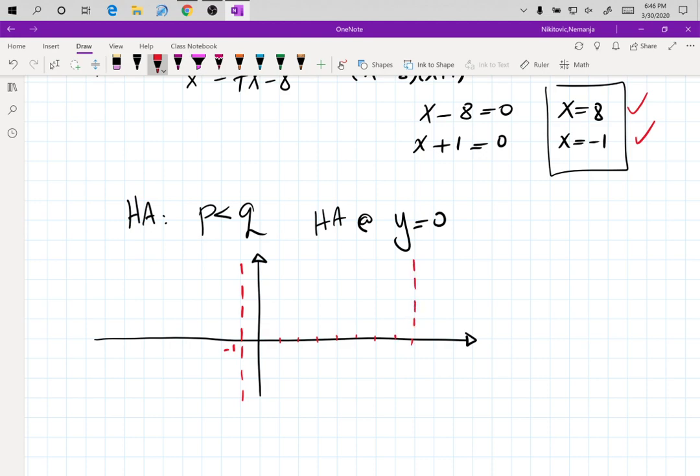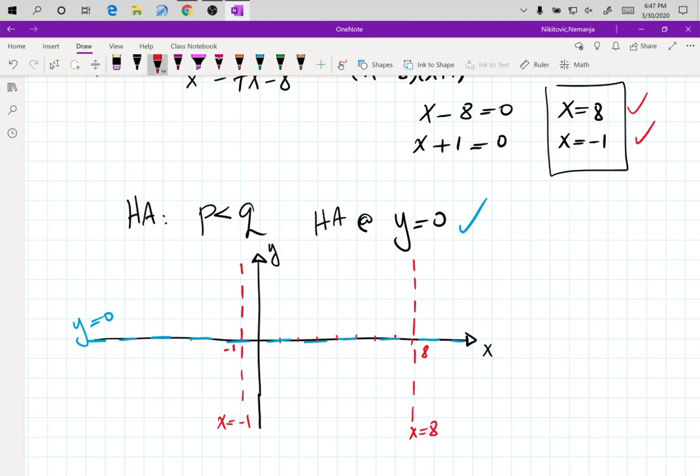Here is the asymptote at 8. And we also have a horizontal asymptote at 0, which in this case is the x-axis. So x equals -1 and x equals 8 are my vertical asymptotes.